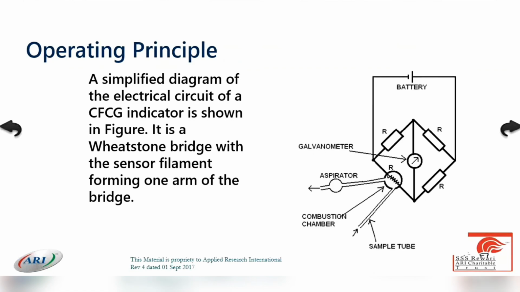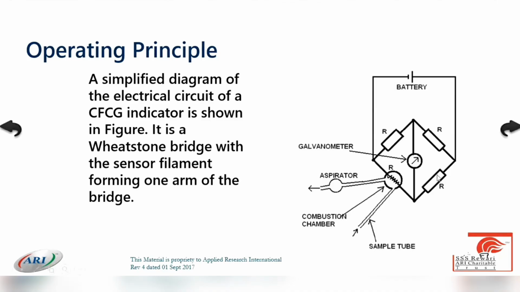Because of the generation of heat, the temperature of this sensitive filament, with the catalyst, increases. The temperature increases, resistance also increases, as it is directly proportional to resistance. The value of resistance also increases.